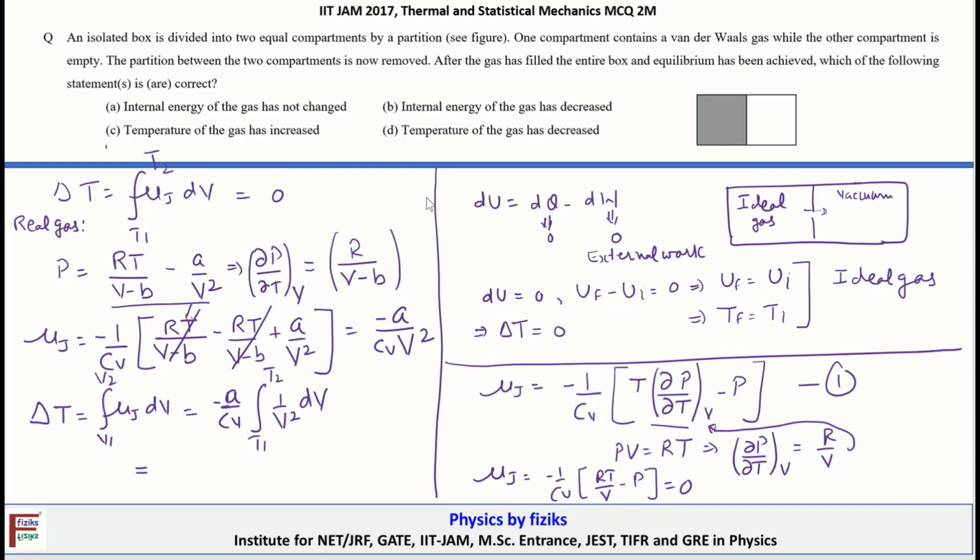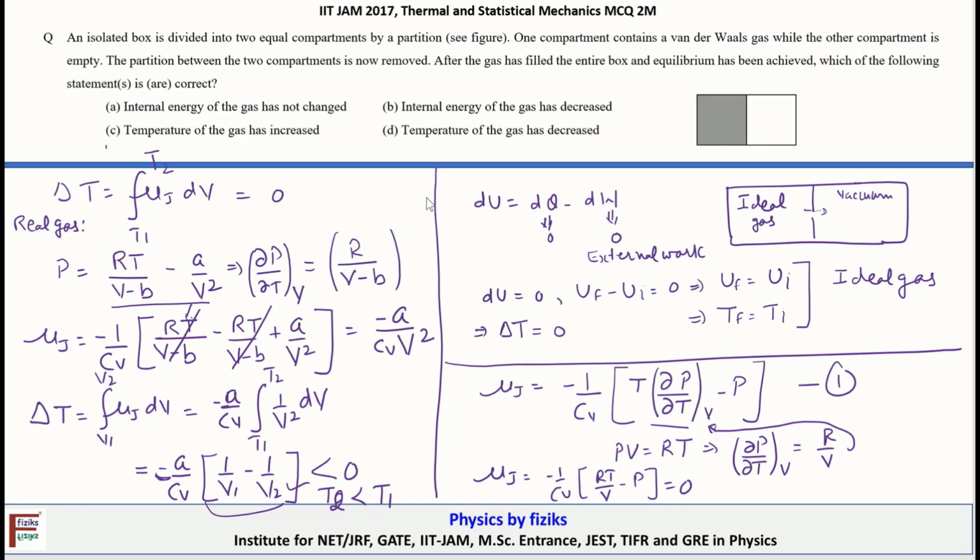After doing the integration, this is equal to minus a by Cv into (1 by V1 minus 1 by V2). Because it's a case of expansion, V2 is larger than V1, so 1 by V2 is going to be smaller than 1 by V1. So the quantity in this bracket is going to be positive. So ultimately delta T is less than 0 because of this negative sign here. So that means T final, or you can say T2, is smaller than T1.